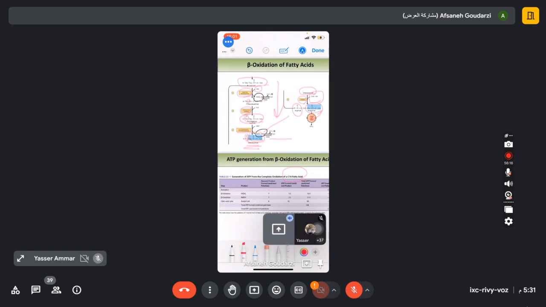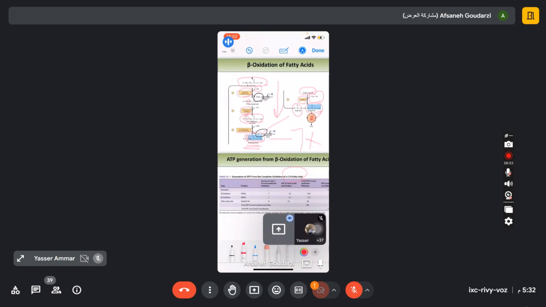I said that for complete oxidation, I need to perform this pathway 7 times in order to produce 8 acetyl-CoA, because if I want to oxidize all 16 carbons, I should do 7 rounds to reach 8 acetyl-CoA. 8 acetyl-CoA is equal to 16 carbon.